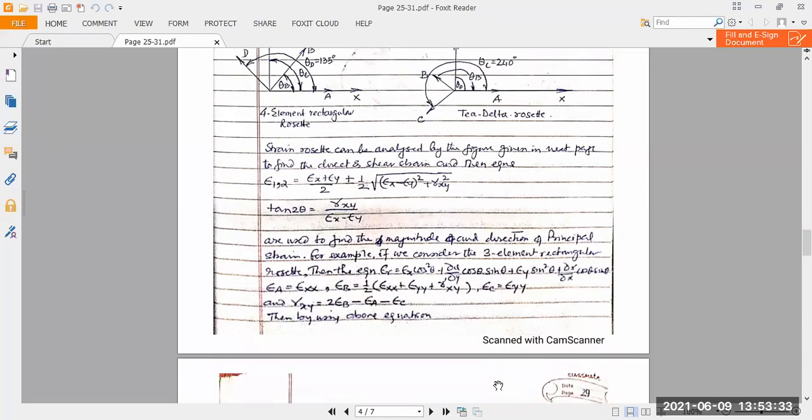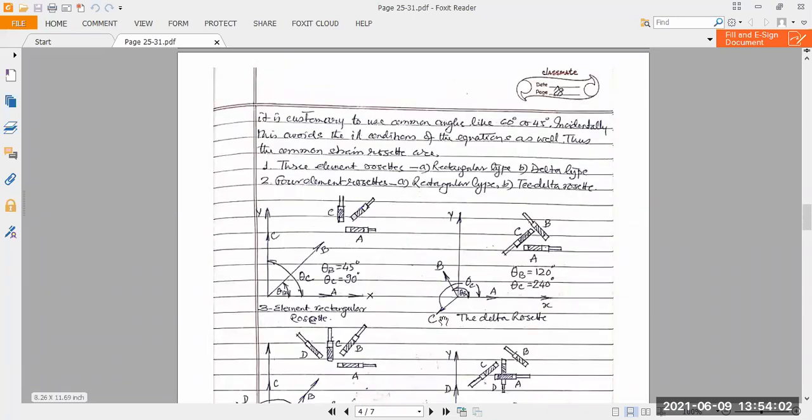If we put the value of epsilon b here, which is at 45 degrees with the x axis, epsilon x here, which is along the x axis, and epsilon y here, which is along the y axis, we can use the equation epsilon r equals epsilon x cos square theta plus epsilon y sin square theta plus gamma xy sin theta cos theta, where we put epsilon b as epsilon r, which is known to us, epsilon x equal to epsilon a, epsilon y equal to epsilon c, and theta equal to 45 degrees.